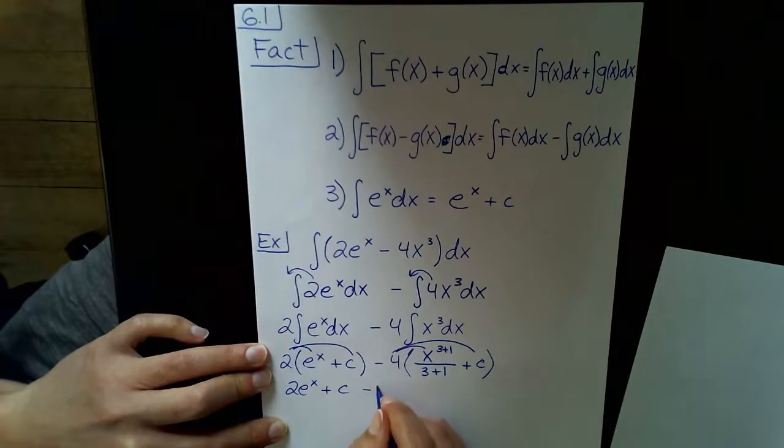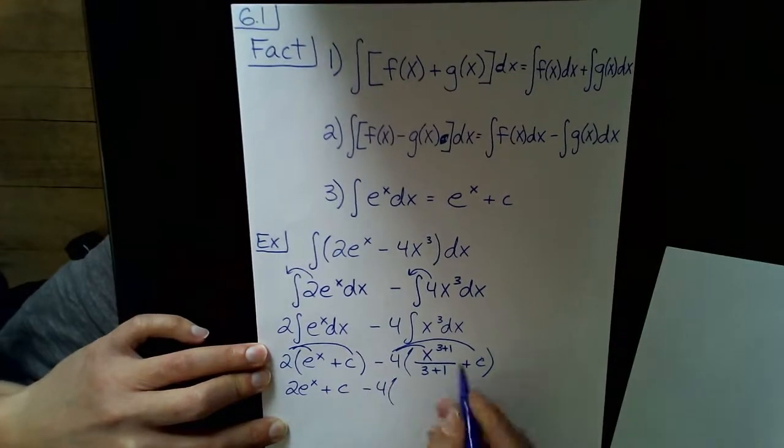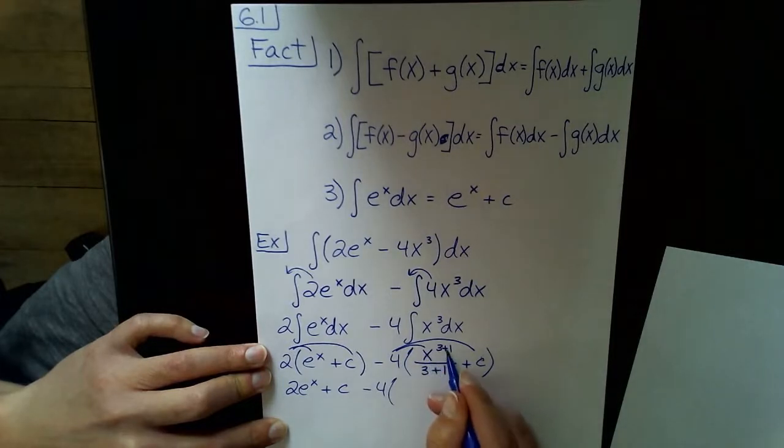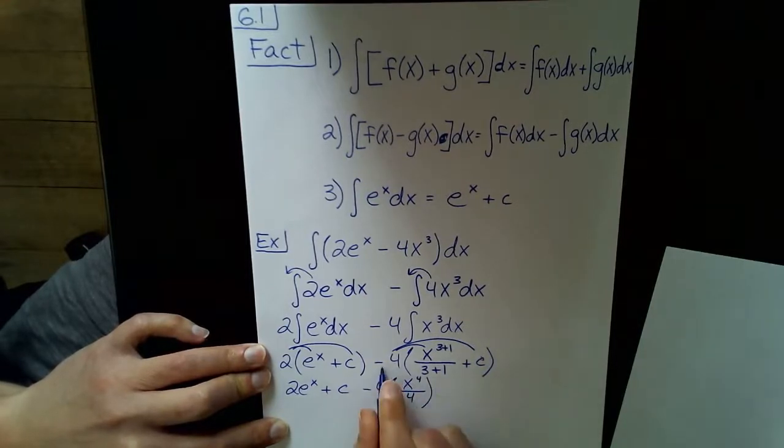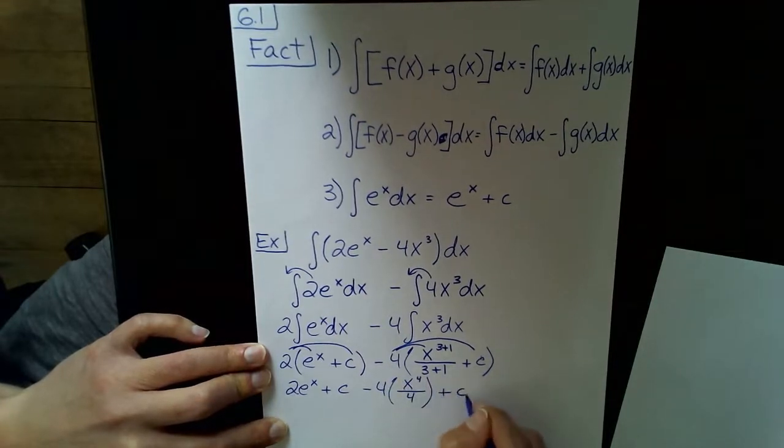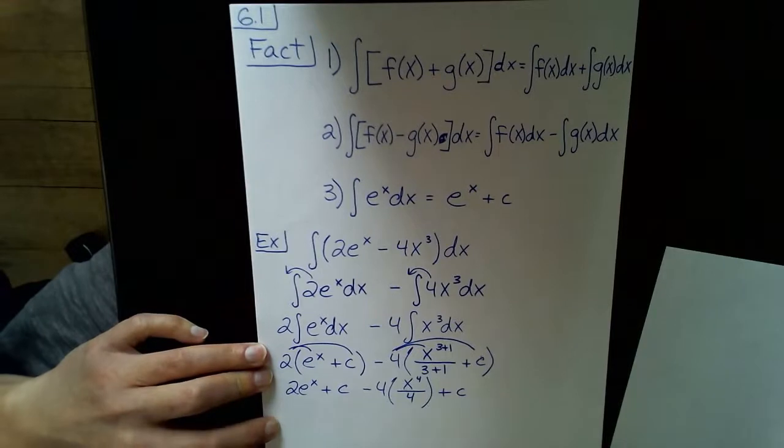And we get minus 4 times, we need to simplify this. We have x to the 3 plus 1 is x to the 4th over 3 plus 1 is 4. And then negative 4 times positive c again leaves us with c because the constant will not change.